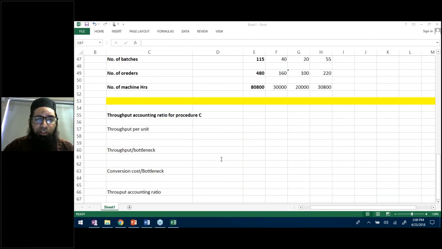I strongly advise that you visit the ACCA web page where the F5 CBE resources are available, and look at the pilot exam paper of F5. In that you can observe the environment of the exam, the spreadsheet and its functionalities. It will be very good that you are fully aware of the level of functionality and how they are performed before going to your final exam. So it will be a great activity.